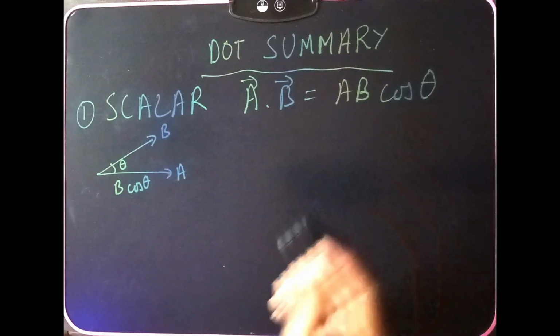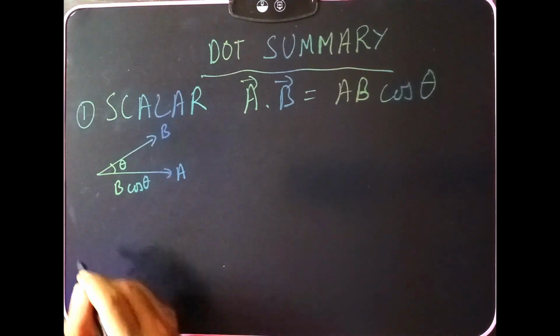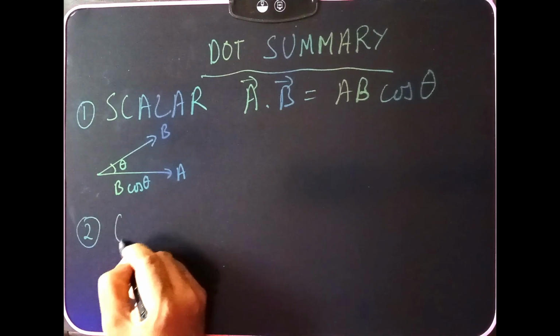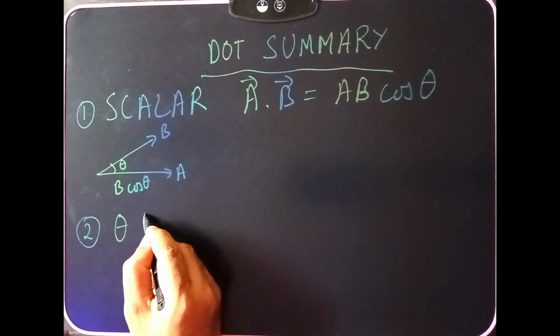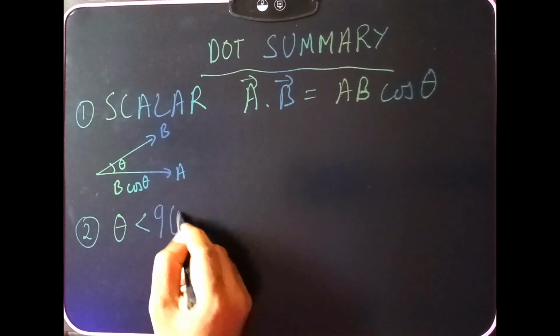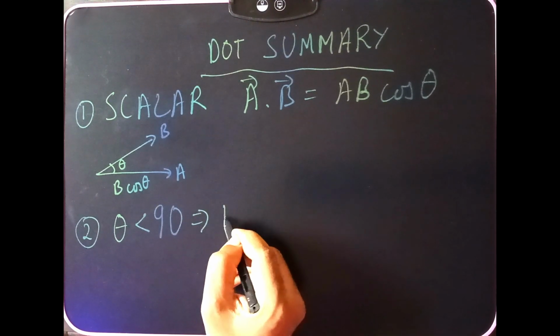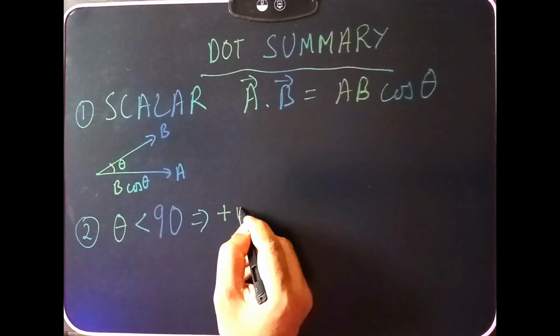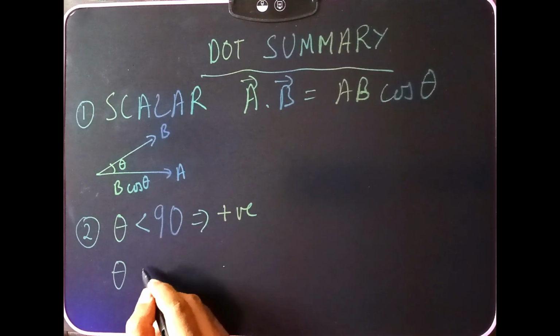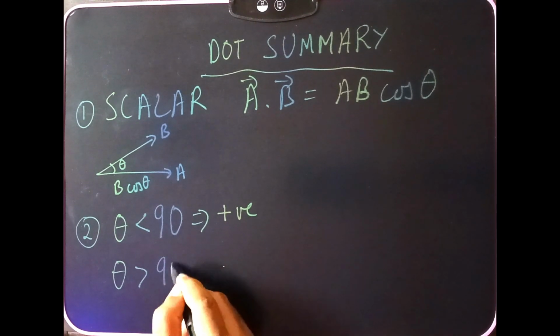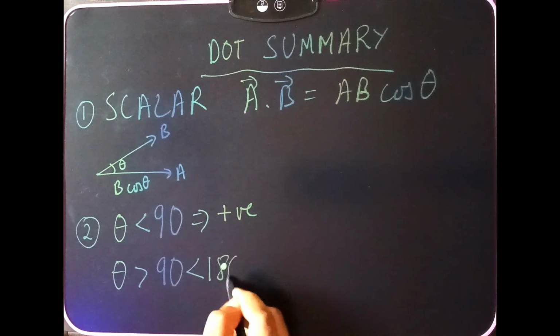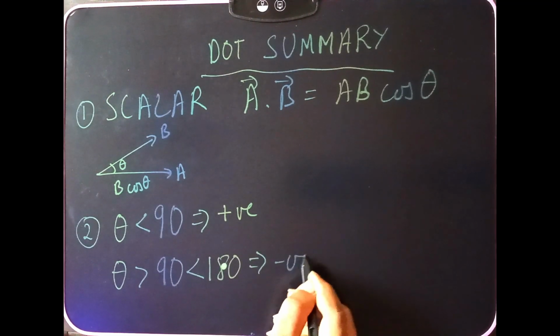Right? This is how it is supposed to be read. And then we saw the different cases. If theta is less than 90, it is a positive value. If theta is greater than 90 but less than 180, then it is negative.